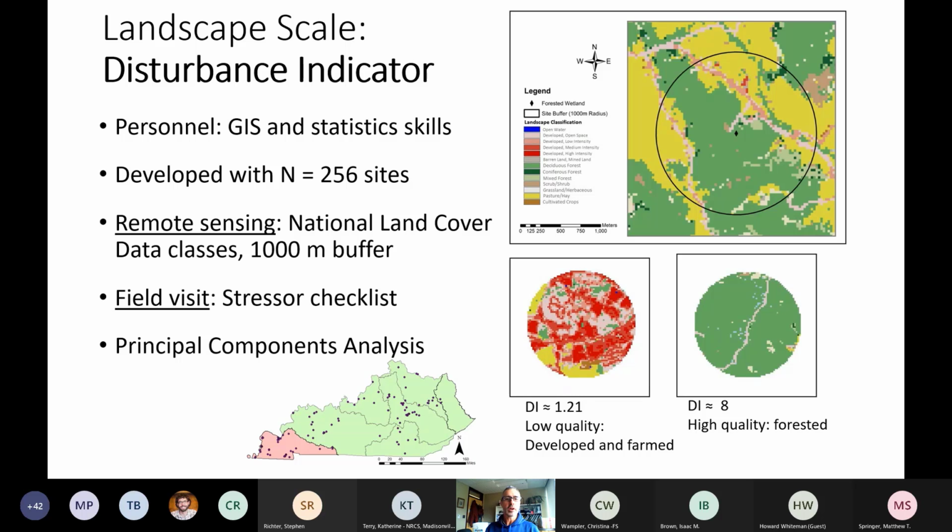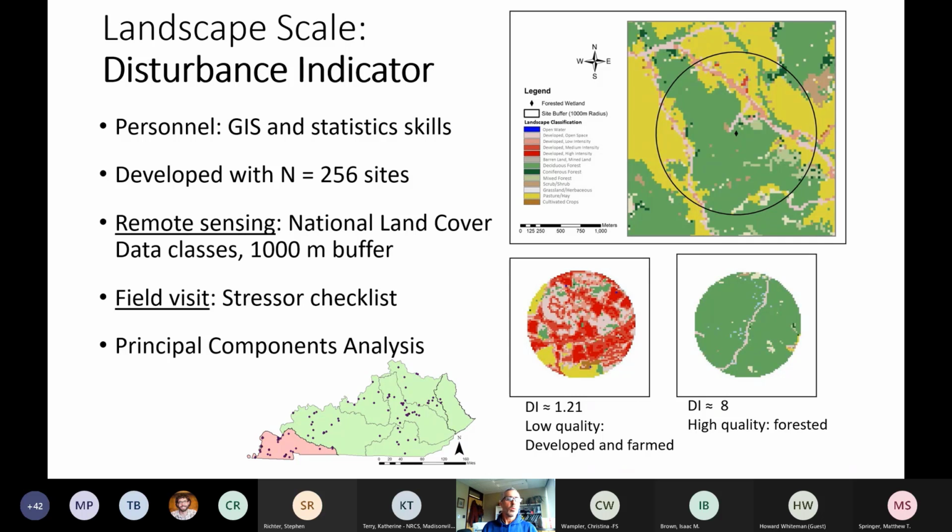You have to take a new site and combine it with lots of other sites and go through the analysis process again. So it has a few more hurdles to use than some of the other methods. This landscape disturbance indicator requires that you're adept with GIS and also statistics.